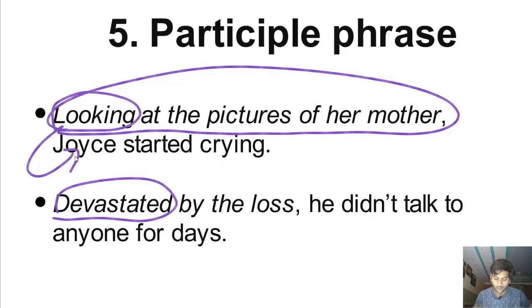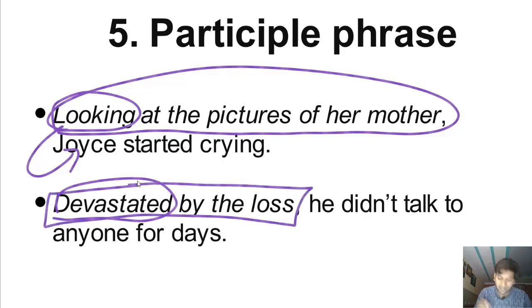Devastated by the loss, he didn't talk to anyone for days. Devastated by the loss, right? A past participle phrase starting with the past participle devastated. All right, identifying the subject he, but also working as an adverb because it's working as the reason why he didn't talk to anyone for days, because he was devastated by the loss. All right, it can be a perfect participle phrase.